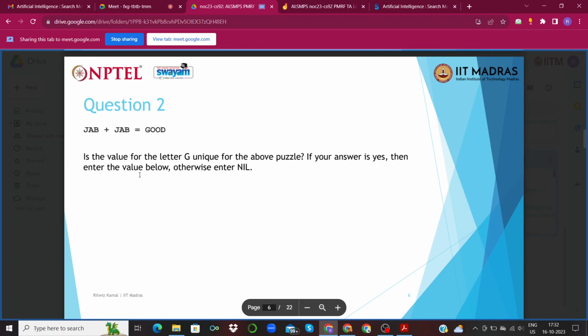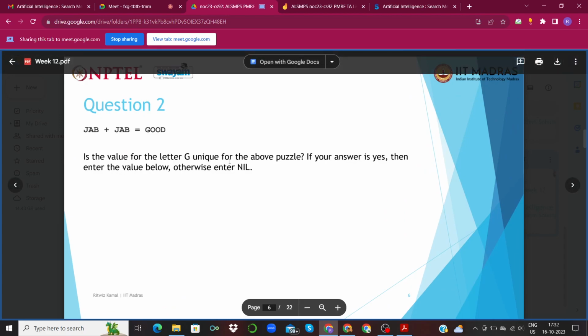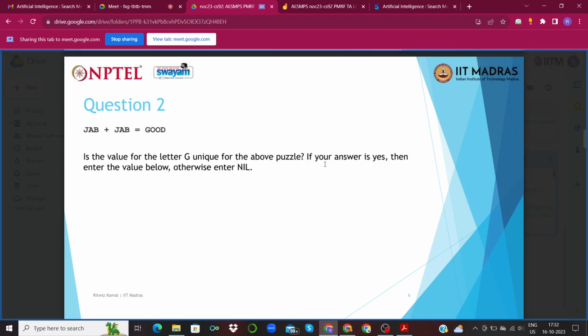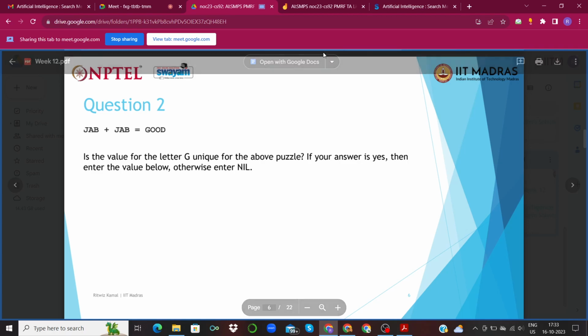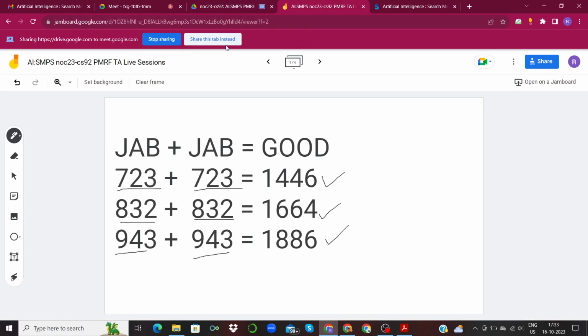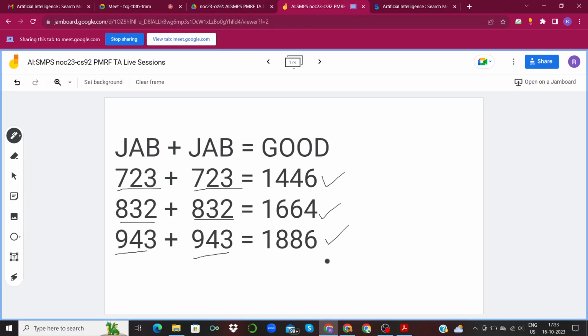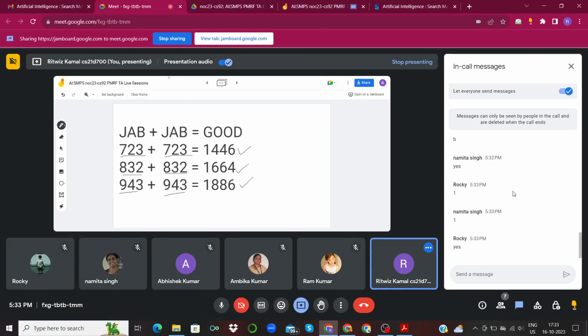Okay. Is the value for the letter G unique for the above puzzle, and what is this value? If your answer is yes, enter the value, and if it's not unique, then you can enter nil. So what do you think about that? Given the solution over here, it is unique, right?